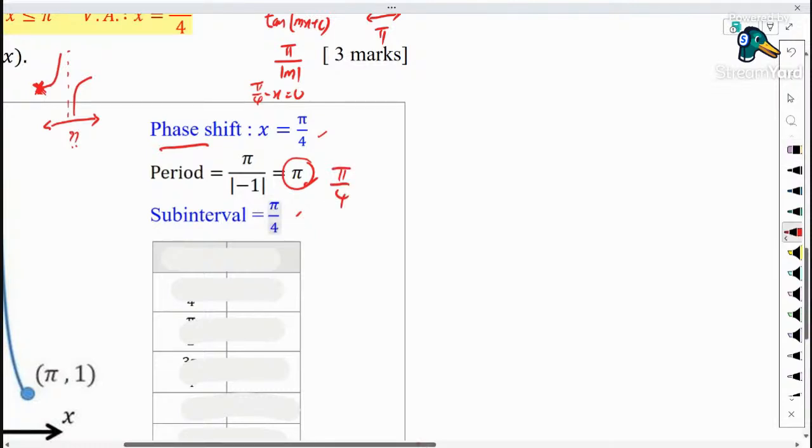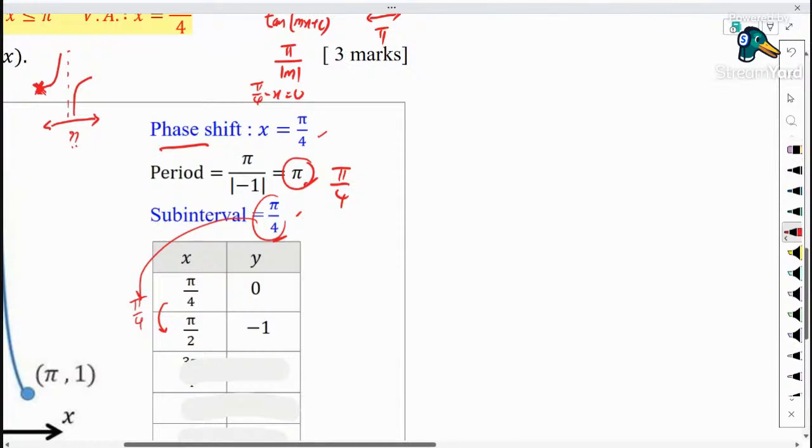When you construct the table for further calculation, for the x, start with the phase shift, substitute into the function to calculate the y value, and I get 0. For the next value, I add this subinterval value pi over 4, so I have pi over 2.